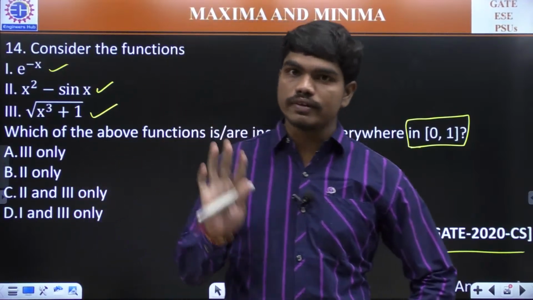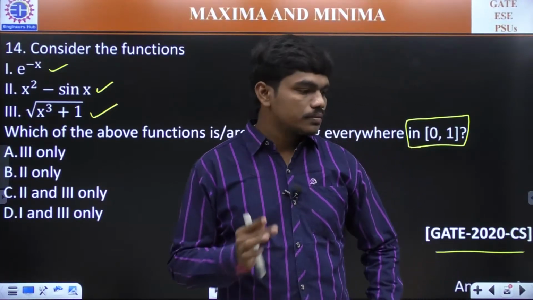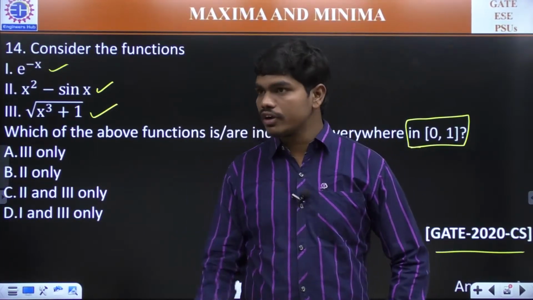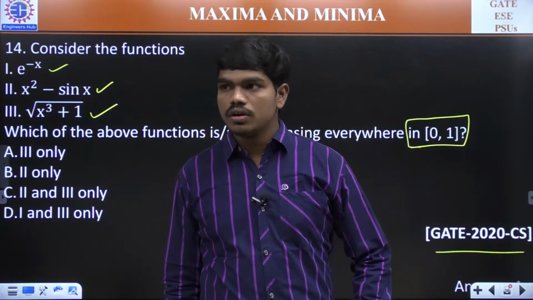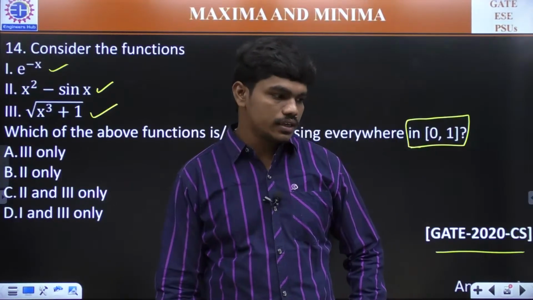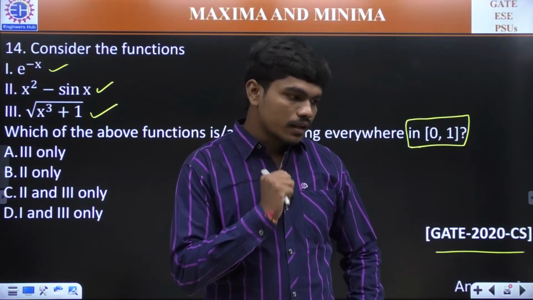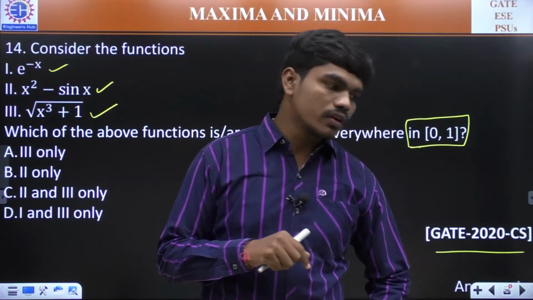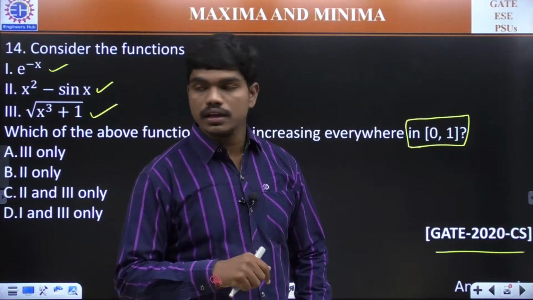But this question is really a good question. Some people are opting for D, few of you are opting for C. Please look at this question carefully. Bivya, Suhas, both of you opted for D. Kamalajini and Divya, both of you opted for C.